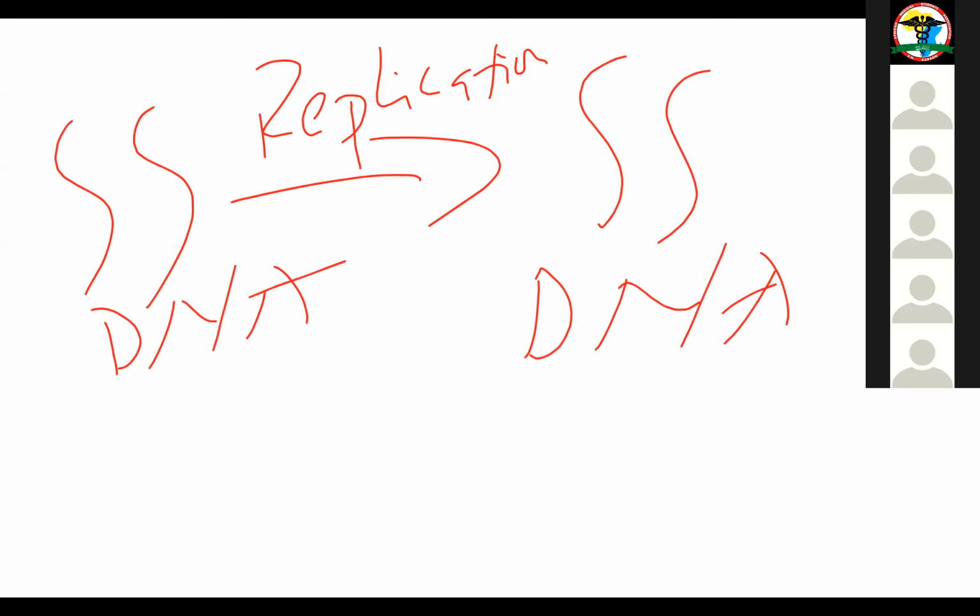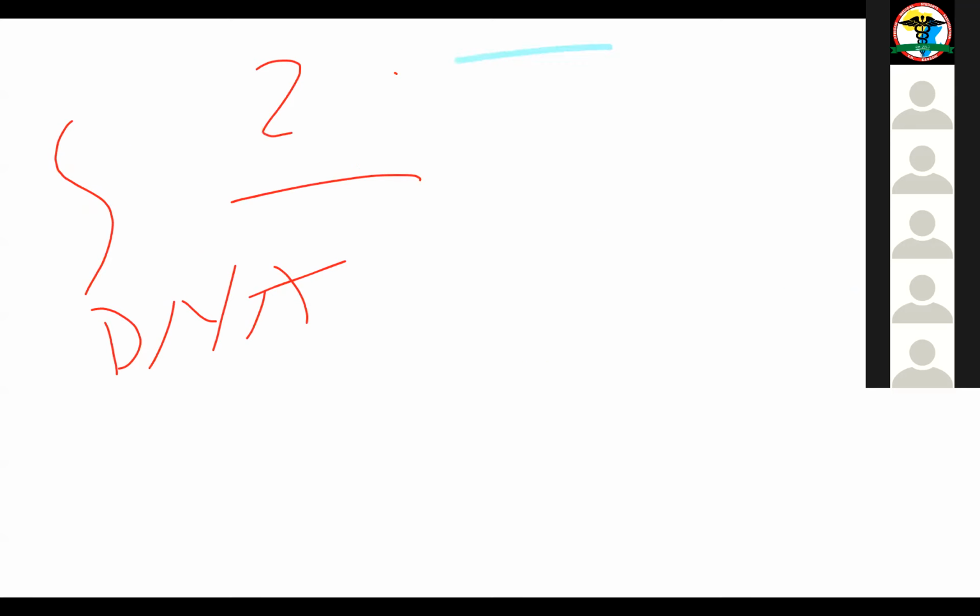And the whole ideology of replication is knowing the enzymes that are involved, right? So I told you guys that when the DNA is too wrapped up, it cannot be transcribed, or it cannot even be read by the DNA polymerase.